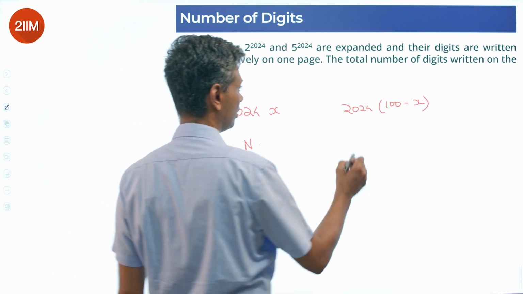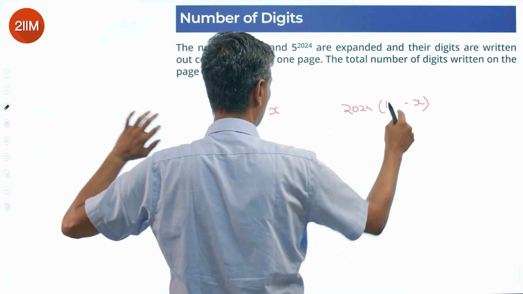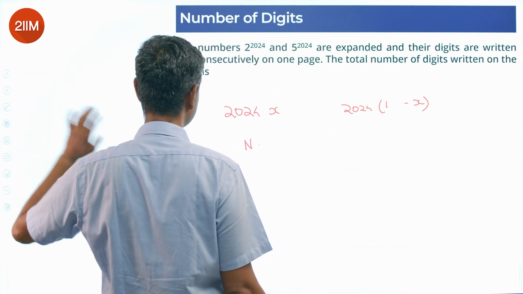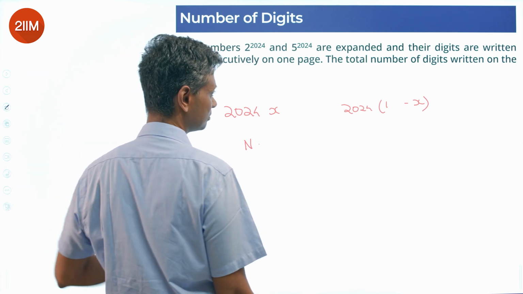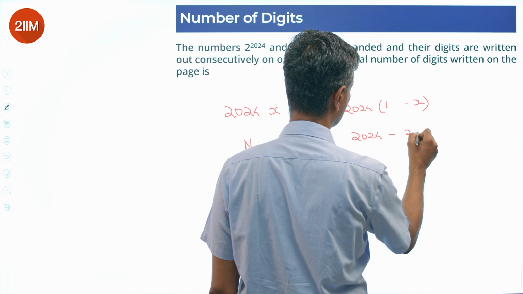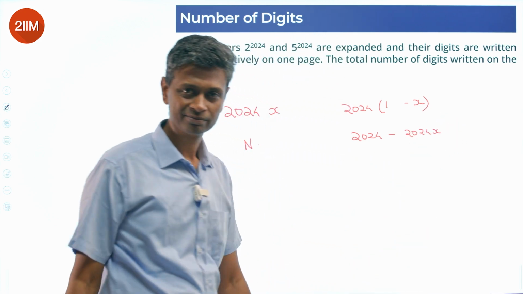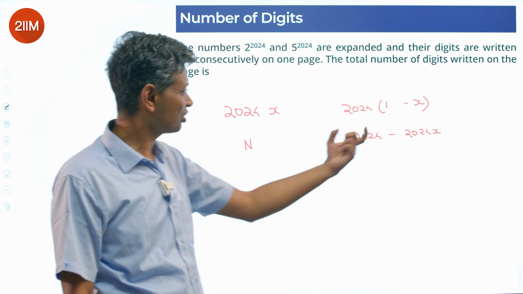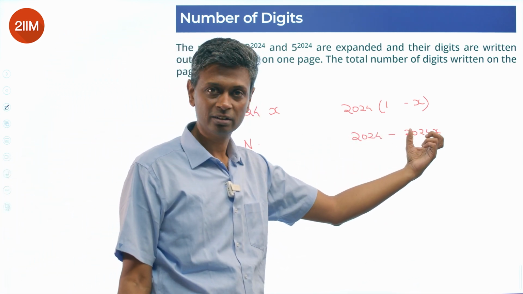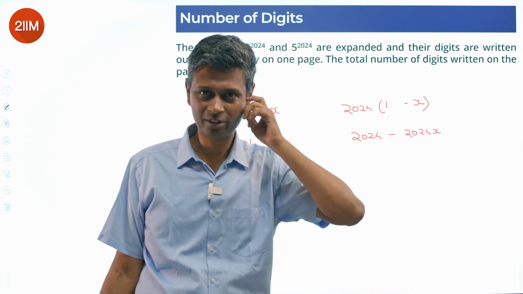This side will be 2024 minus 2024x. If this starts with n, it will be 2024 minus n, whatever, we can simplify that.